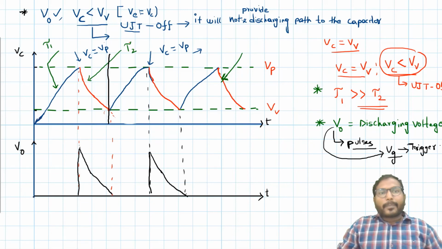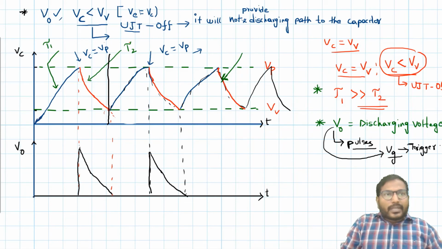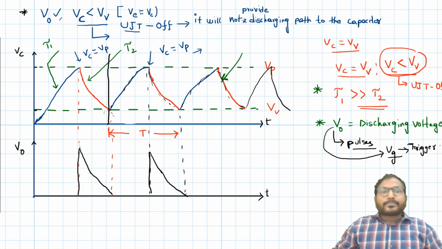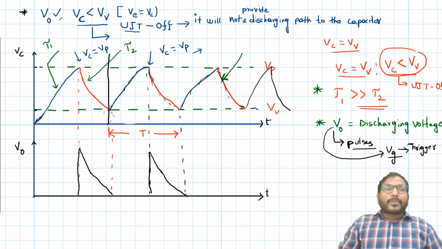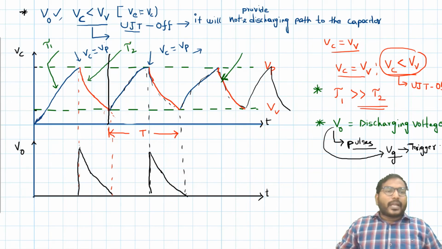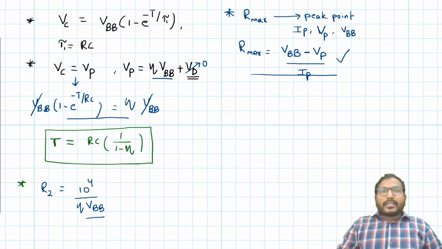Observe that the shape is repeating with a particular time interval like this. The time interval is called the time period, represented by T. T is the time period of this waveform. This is about the VC waveform representation and the output voltage across R1. And coming to the next one, the calculation part.